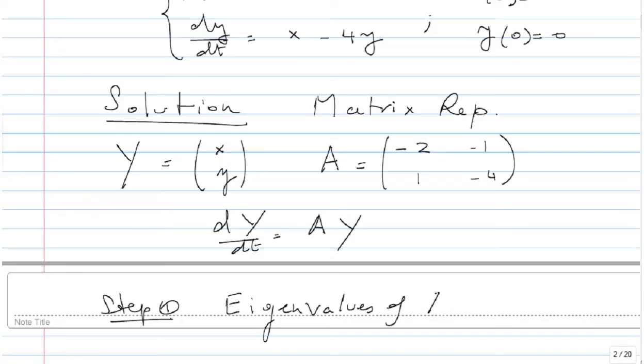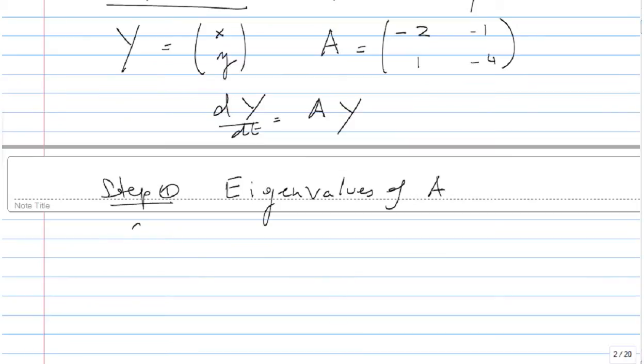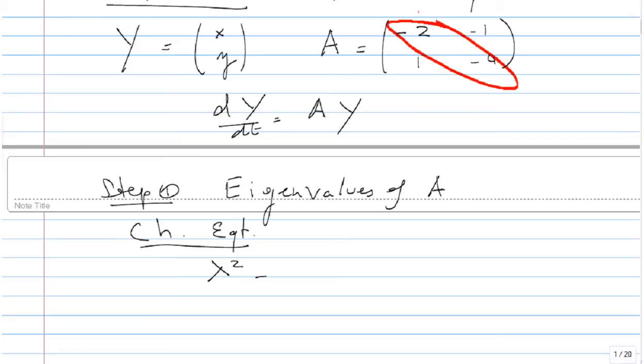Eigenvalues of A are found by looking at the characteristic polynomial, or the characteristic equation of A. So this is lambda squared minus the trace, which is minus 2 minus 4, so we add them, and then plus the determinant of A, which is minus 2 times minus 4, that's plus 8, minus 1 times 1, which gives plus 1, equals 0.